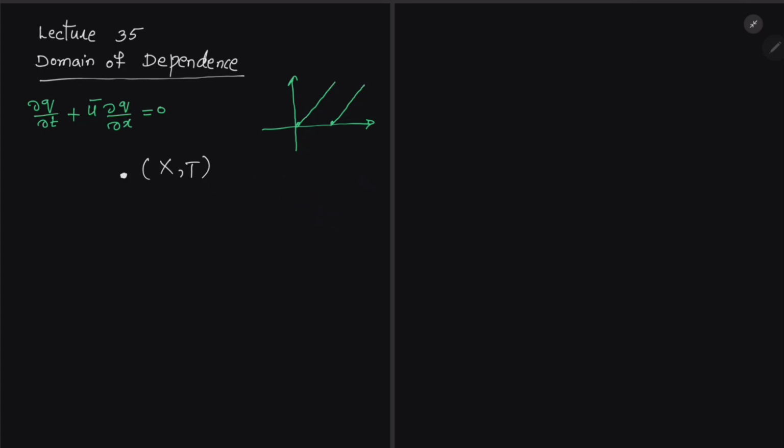So we want to see how this point can be affected by the characteristics. Suppose we have one characteristic like this, another one like this, and the third one is this characteristic.